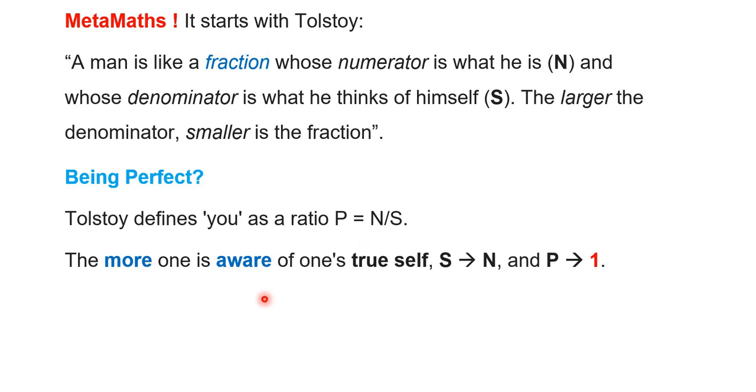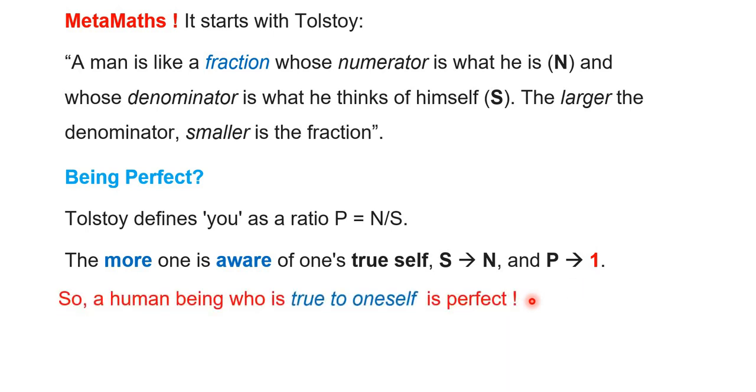So the more one is aware of one's true self, S will approach N, and hence P will approach 1. That means the person would approach perfection. So my conclusion is that a human being who is true to oneself is perfect.